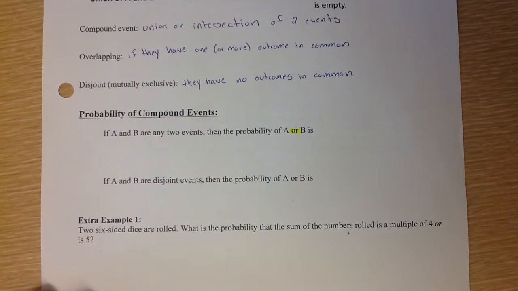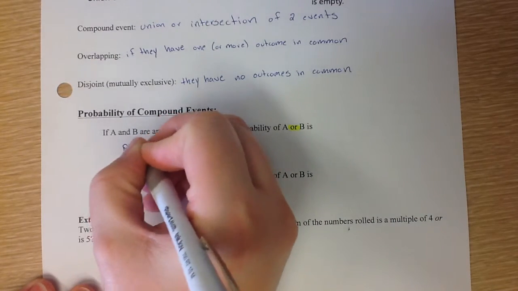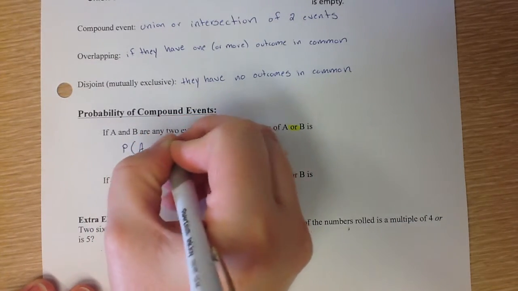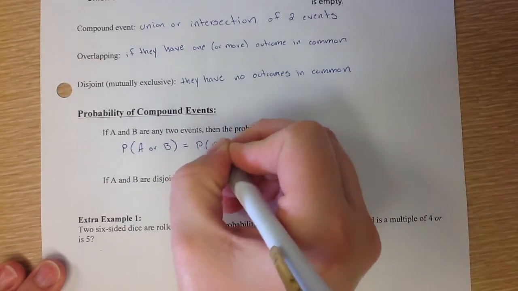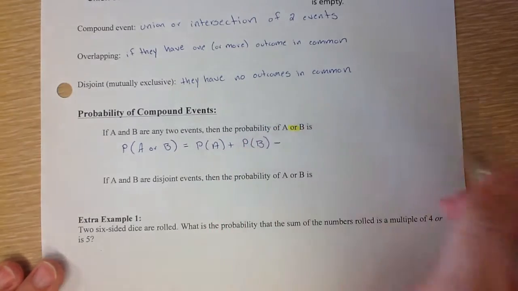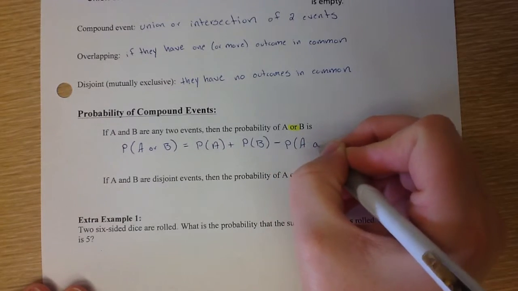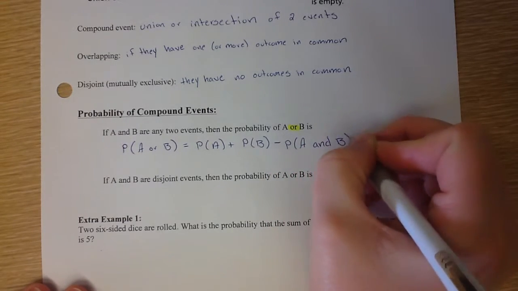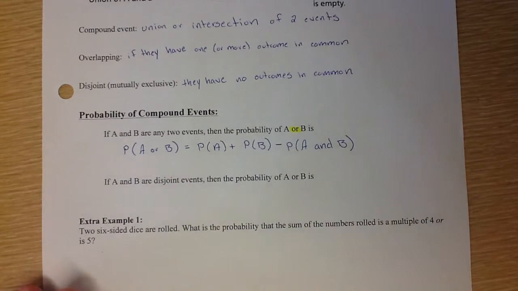If A and B are two events, the probability of A or B equals the probability of A happening plus the probability of B happening minus their overlapping, the probability of A and B. You have to subtract off those overlapping.